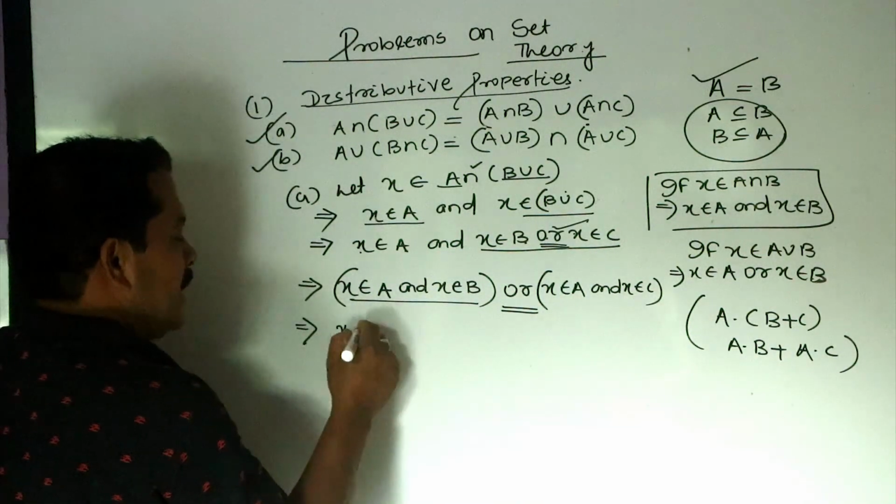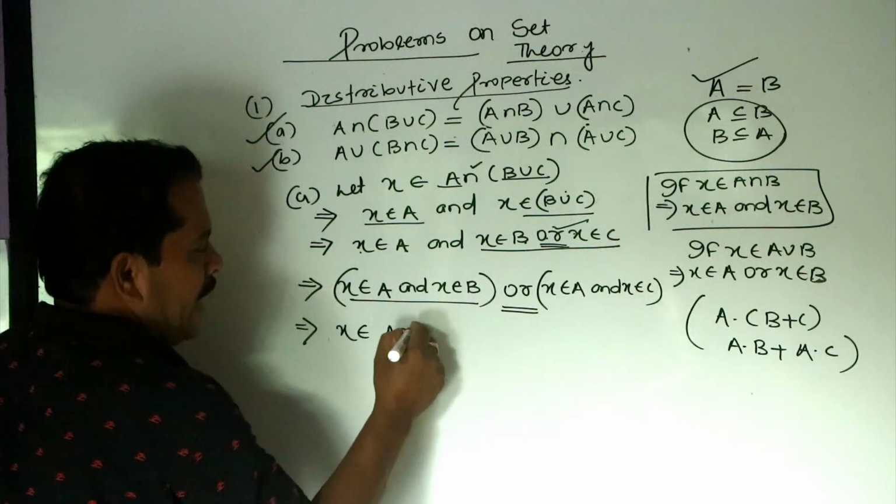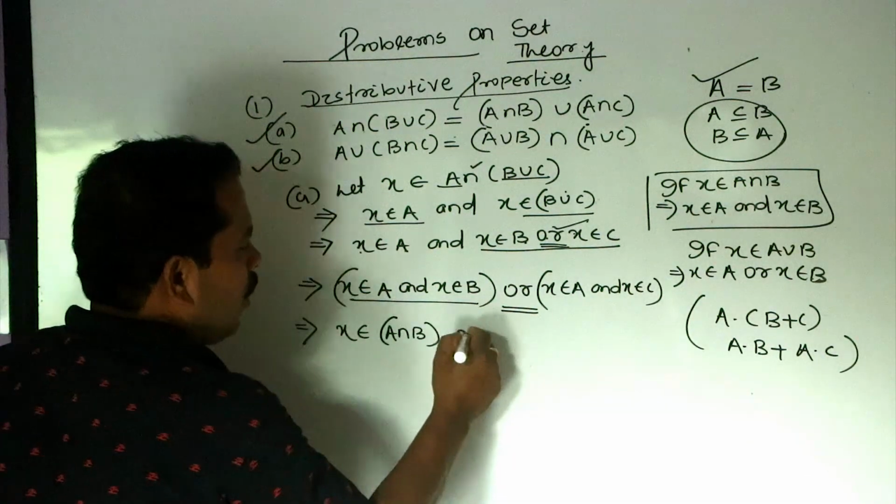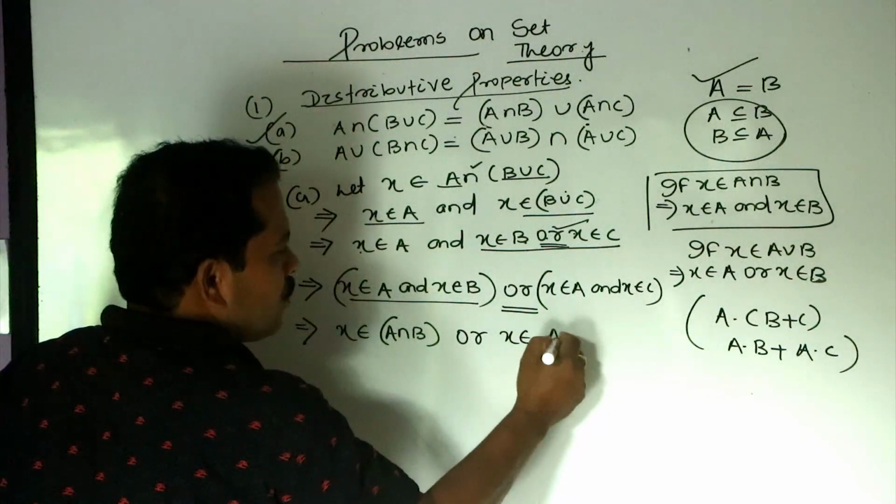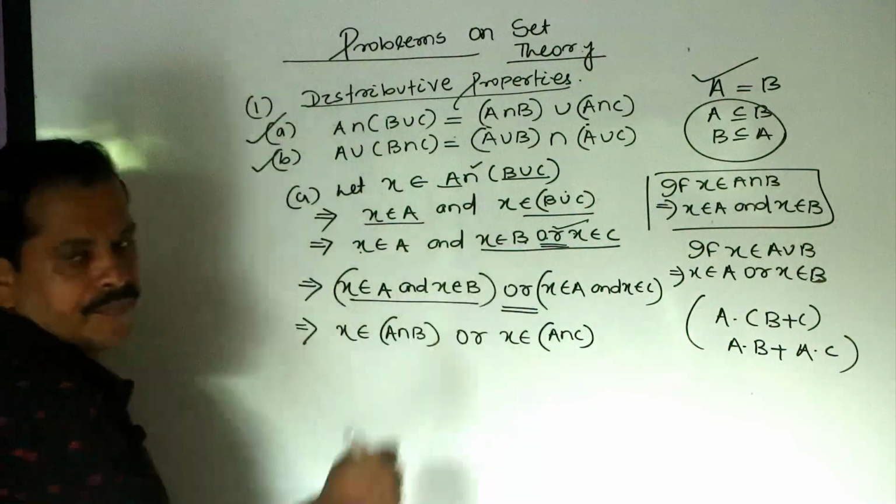This implies x belongs to A intersection B or x belongs to A intersection C.